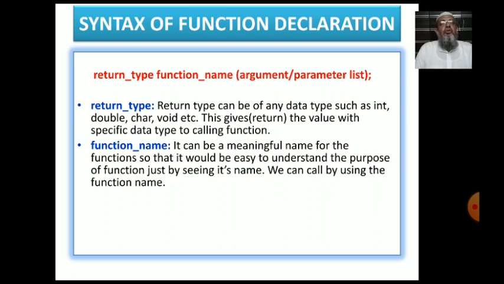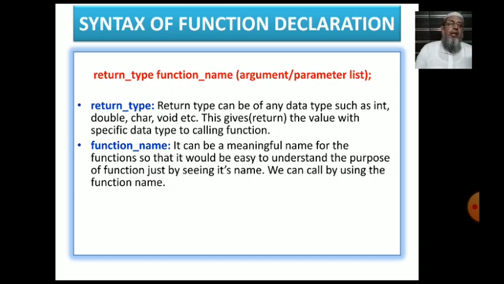For example, if we want to add two numbers, we'll see on the next slides the same form. If we want to add two numbers, then we can give the function name add, addition, or add_to_num. Any name can be given, but if you give a meaningful name, then anybody can understand it.